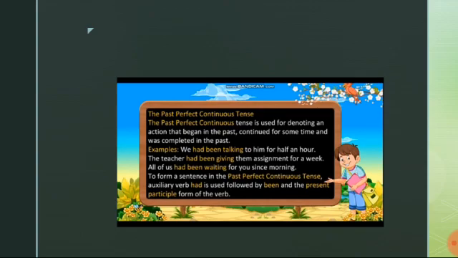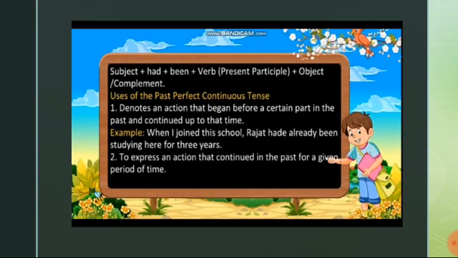Remember children, present participle means the ing form of the verb. And past participle means the third form. Like say eat, ate, eaten. So ate is the past tense, eaten is the past participle, the third form of the verb. So here the verb form is subject plus had plus been plus verb plus object or complement.